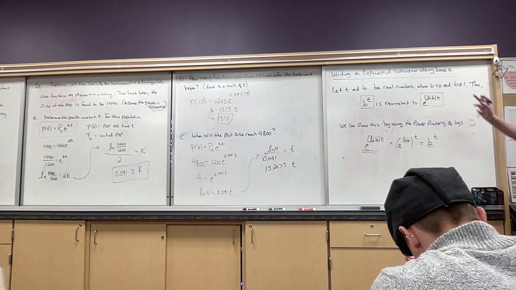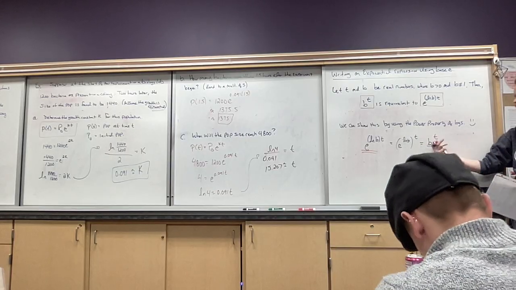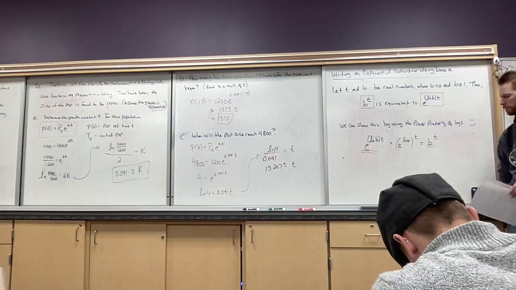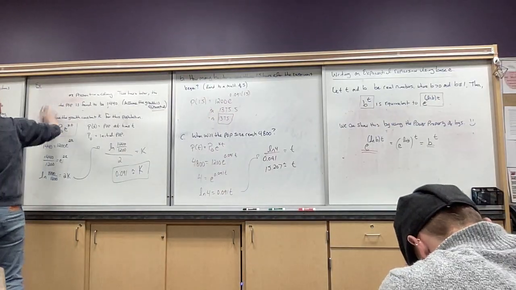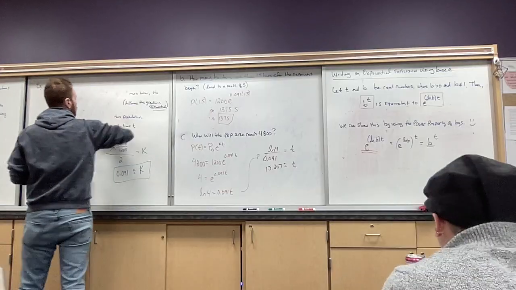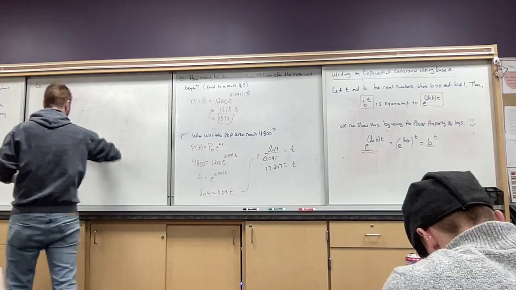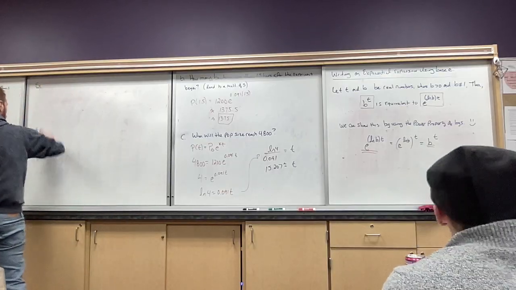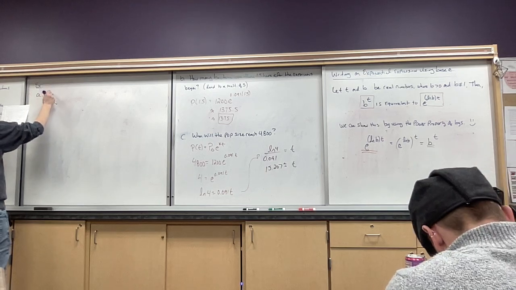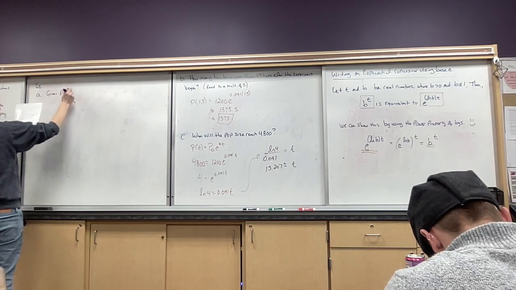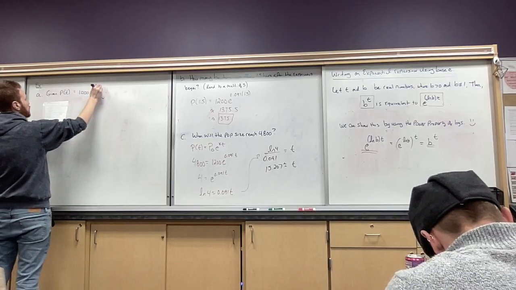So let's use it. Let's go back to one of these examples and see if we can rewrite it using a base e instead. So let me try this example over here. Okay, so part A, given P of t equals 1,000 times 3 to the t over 2 power.